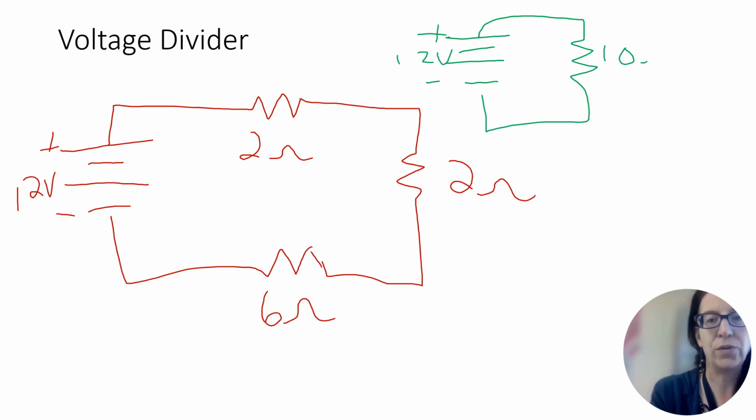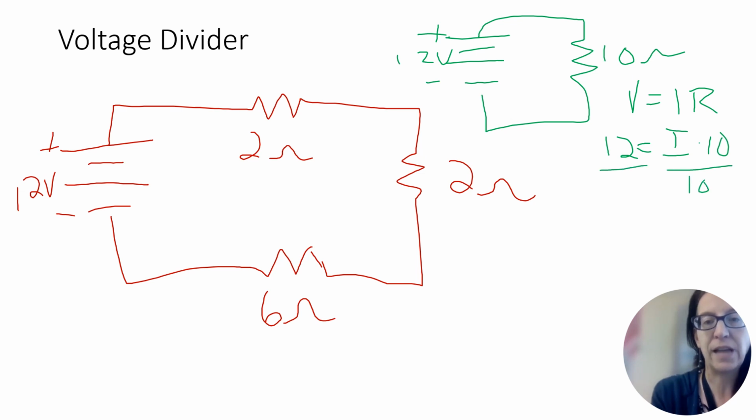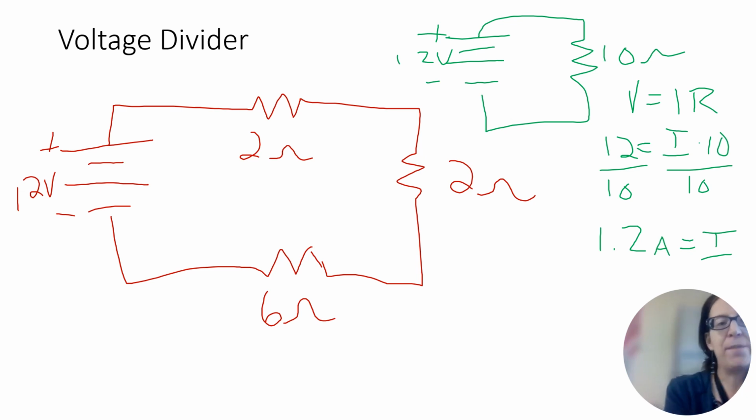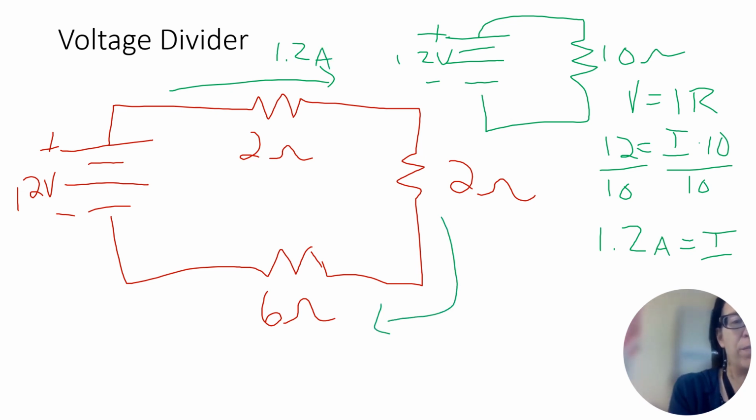Then we use Ohm's law: 12 volts equals I times 10 ohms. We divide both sides by 10 and get 6/5, which is 1.2 amps. So the current running through this circuit is 1.2 amps, and it's 1.2 amps all the way through the circuit.